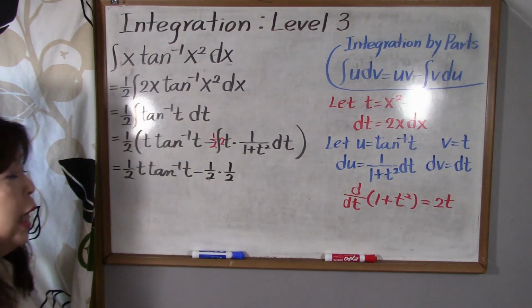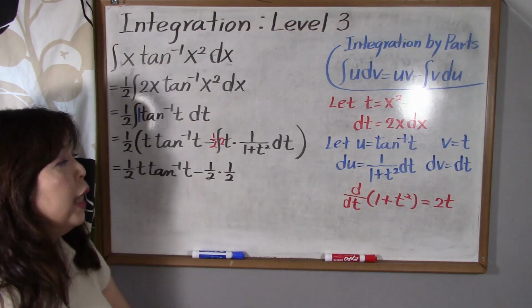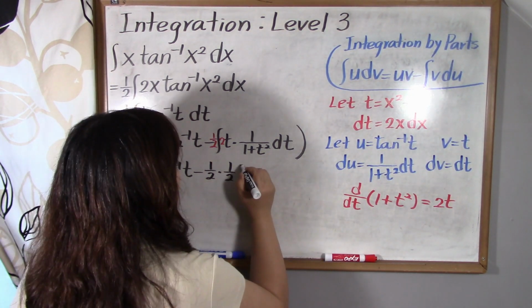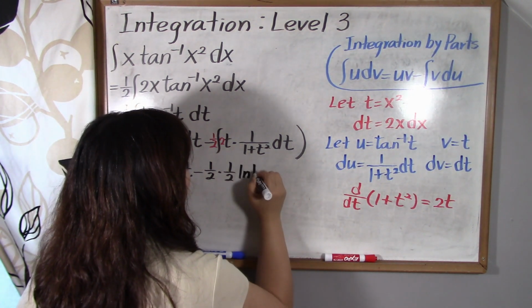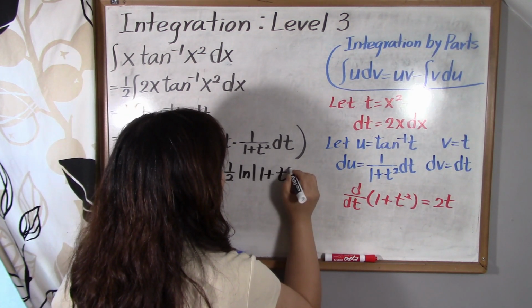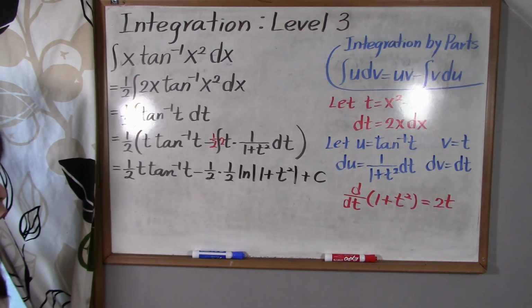And then this one, 2t over 1 plus t squared, chain rule. So actually this is ln absolute value of 1 plus t squared plus constant c.